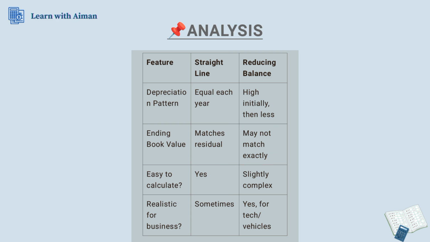The straight line method is easy to calculate, while the reducing balance method is a little bit complex. The straight line method is realistic for business sometimes, not every time, but sometimes. But the reducing balance method is realistic for business, especially for tech or vehicles business.